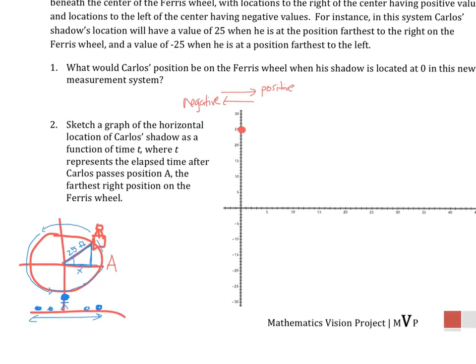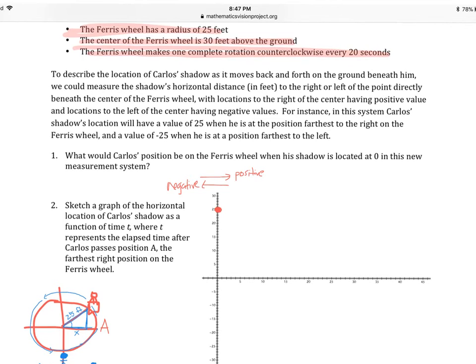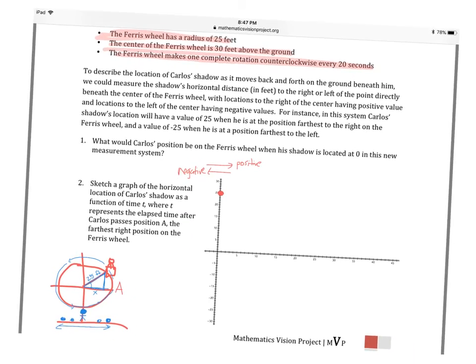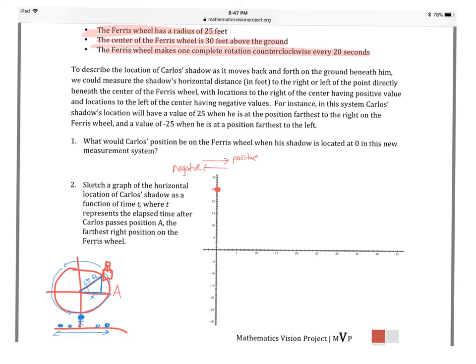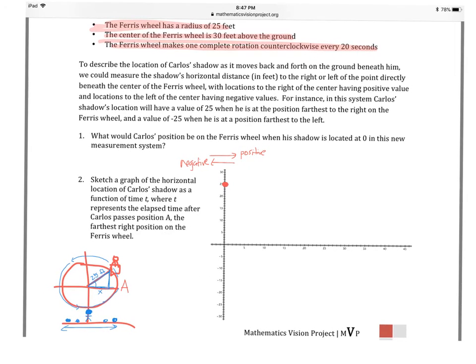Okay, so we know that it takes a whole, what does it say up here? One complete rotation counterclockwise every 20 seconds. Okay, so let's think about that. Counterclockwise means we're going this way, right?